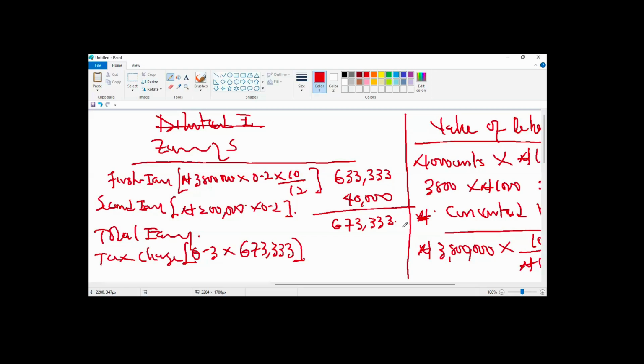So I will now remove the 202. This one is the tax charge. I will remove the 202.